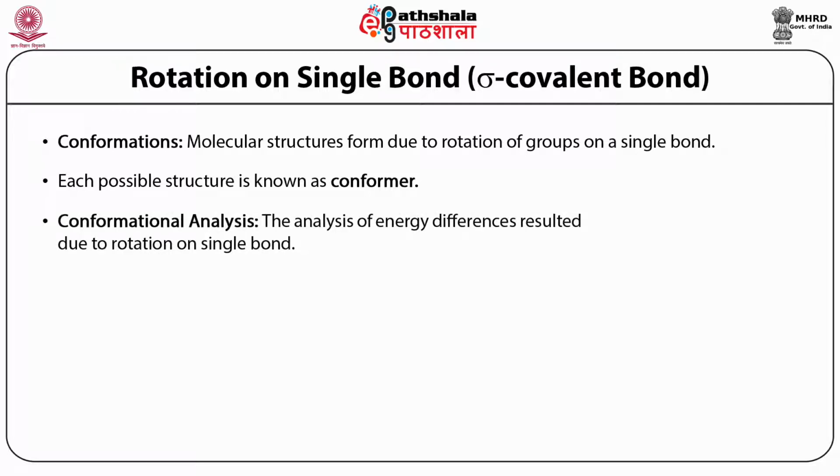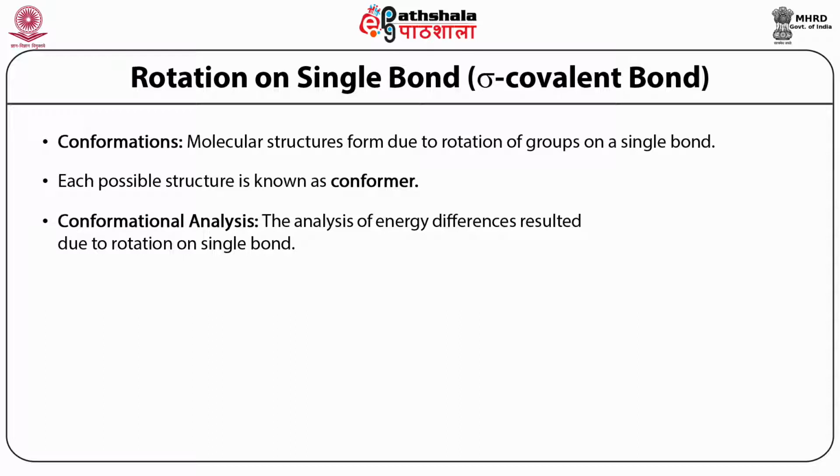The analysis of energy differences resulting from this rotation of single bonds is what we call conformational analysis. Several times protein structures change just because of a rotation on the single bonds, and the different conformations could lead to small changes in function and sometimes more.